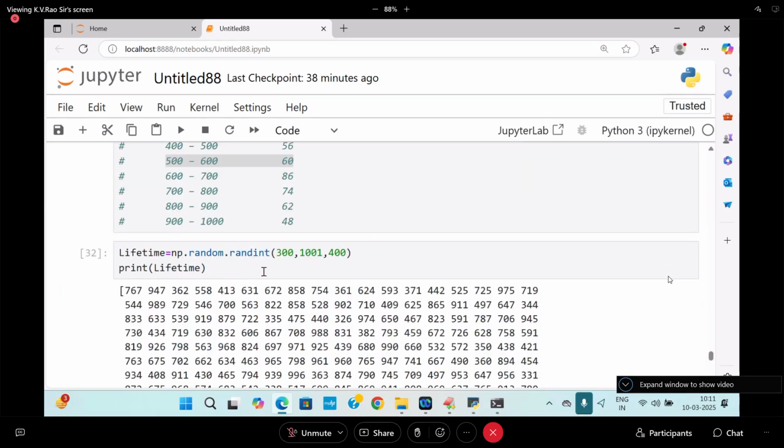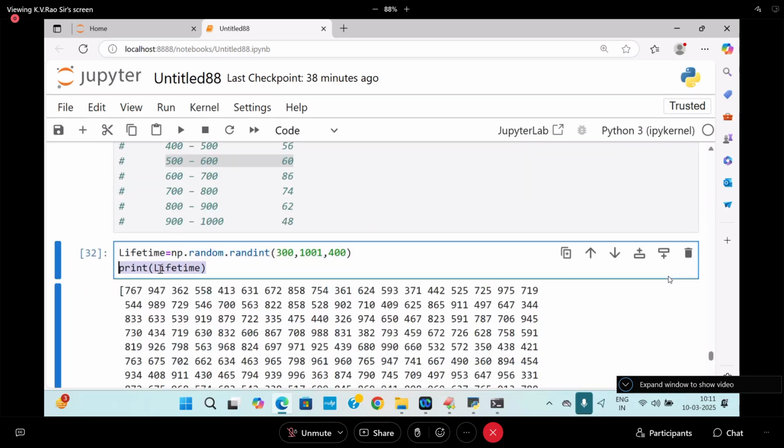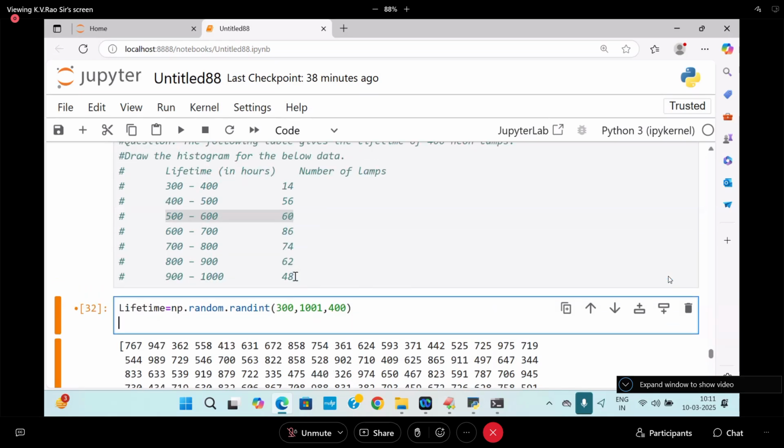What are my interval values that are required? Now I need to take these values that are coming. What are my intervals? This is called number of lamps. These are number of lamps.